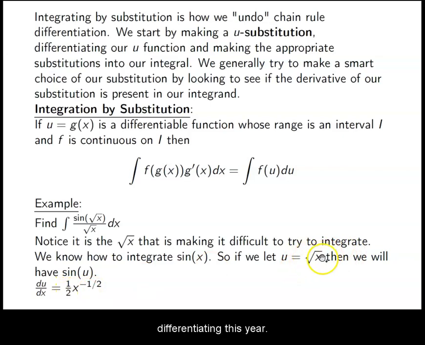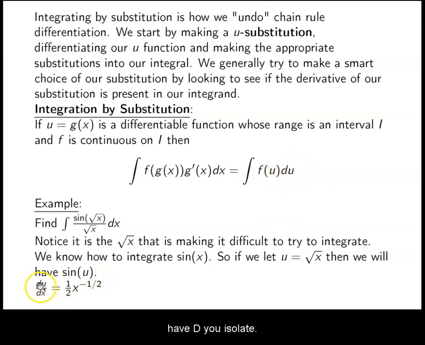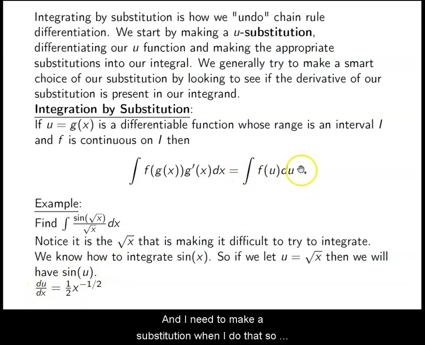So we're differentiating this u. Now what I can do is I can multiply both sides of this by dx, right? And the reason I do that is because I need to have du isolated. And I need to make a substitution when I do that, so that this square root of x dx that's left over, I need to have in terms of u's.